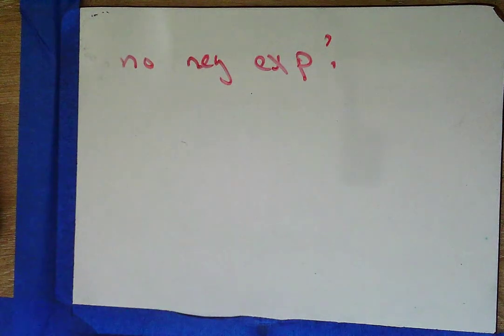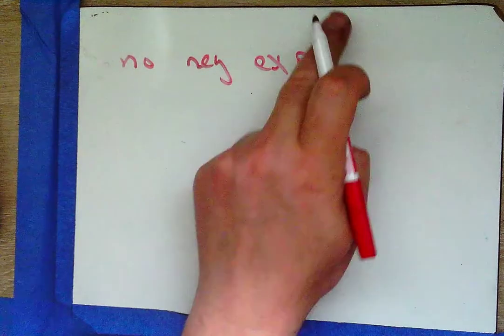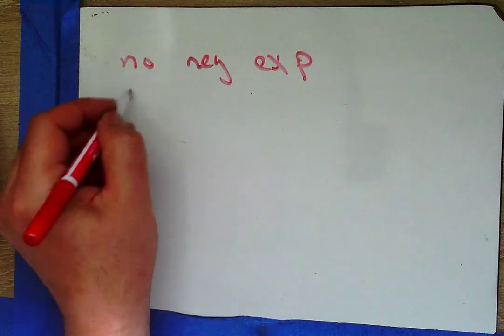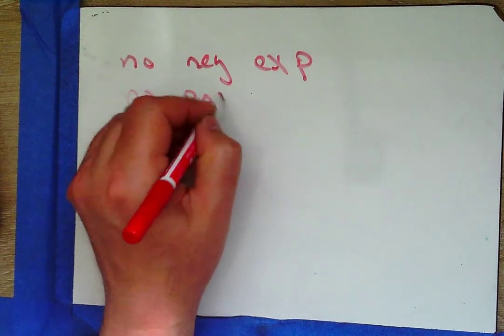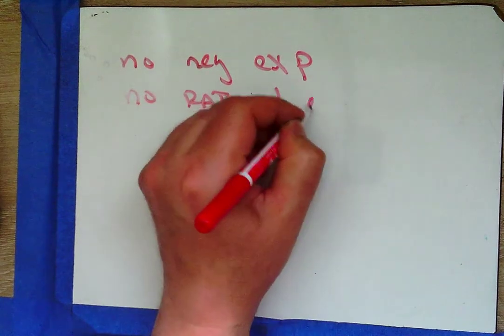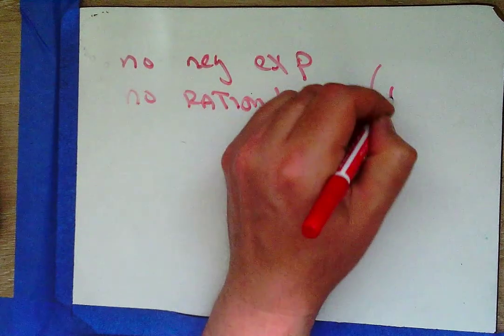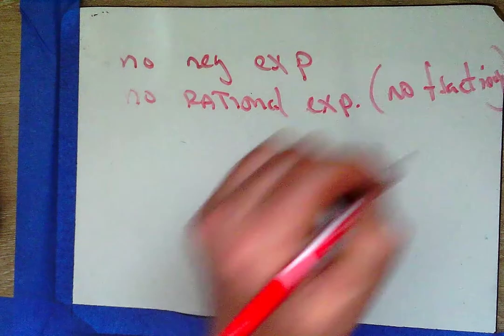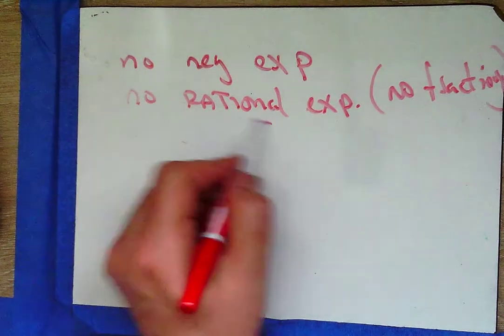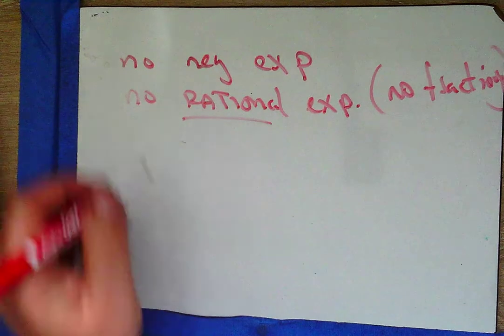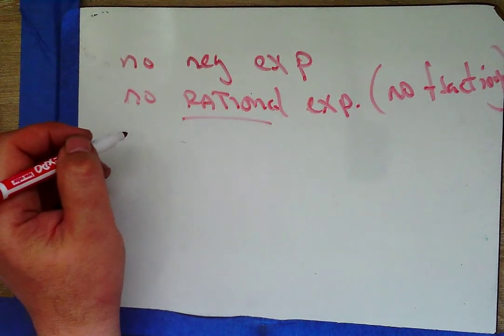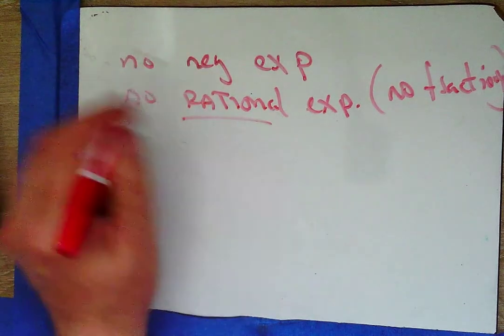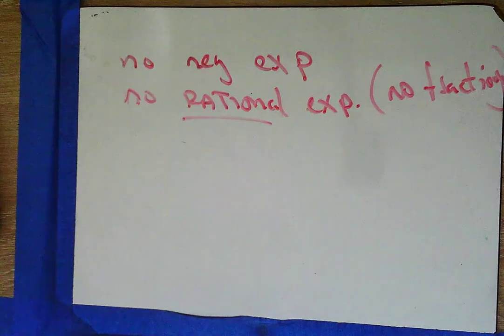But what can't a polynomial have? No negative exponents, no rational exponents. That means no fractiony. But it feels bad saying fractiony. I'd much rather use the proper word, rational. Okay? So look for those and say, hey, you're not a polynomial.